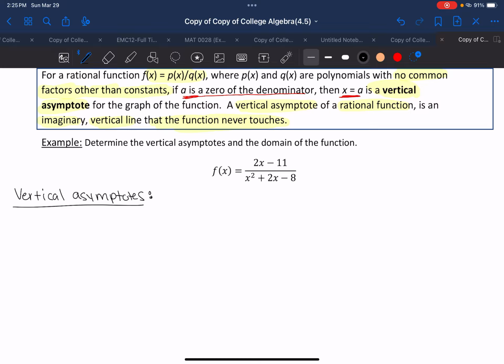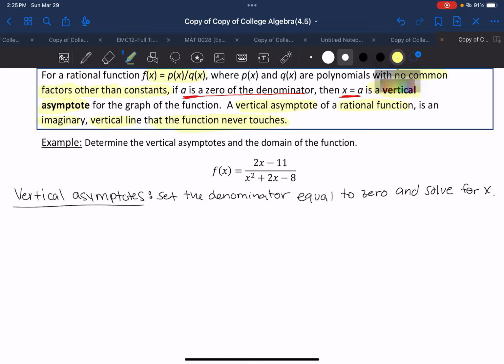It's possible. And if they do have more than one, then the function will not cross any of them. So to find the vertical asymptote, we are going to set the denominator equal to 0 and solve for x.